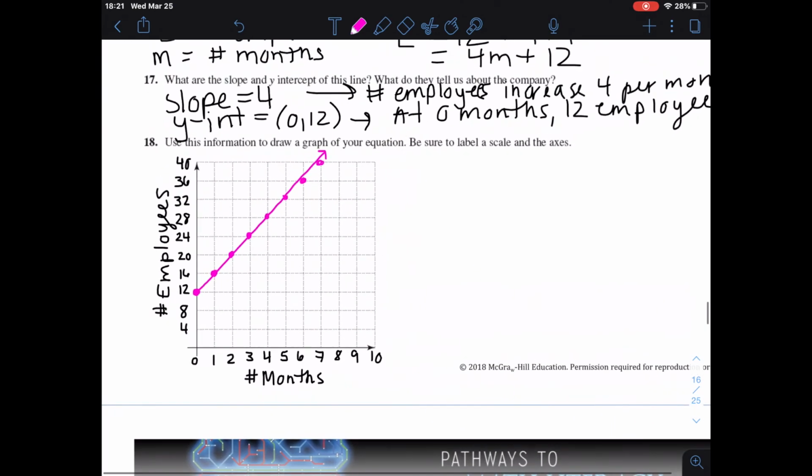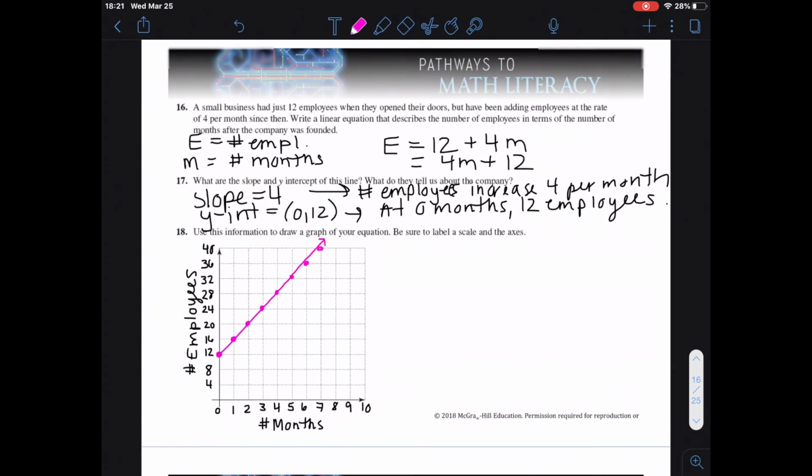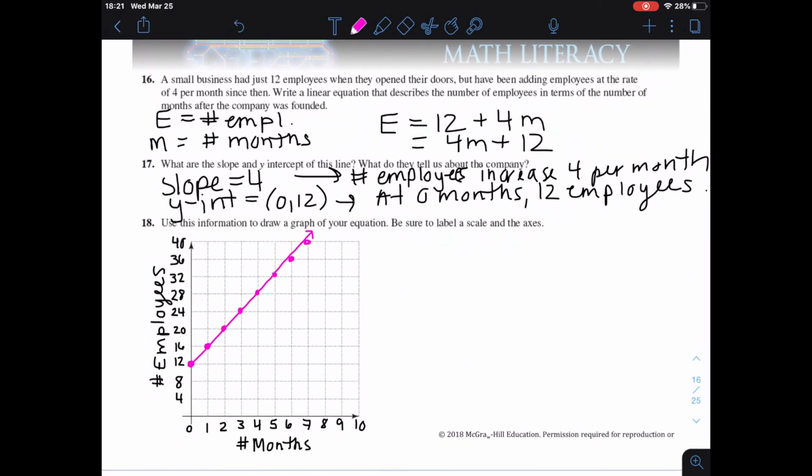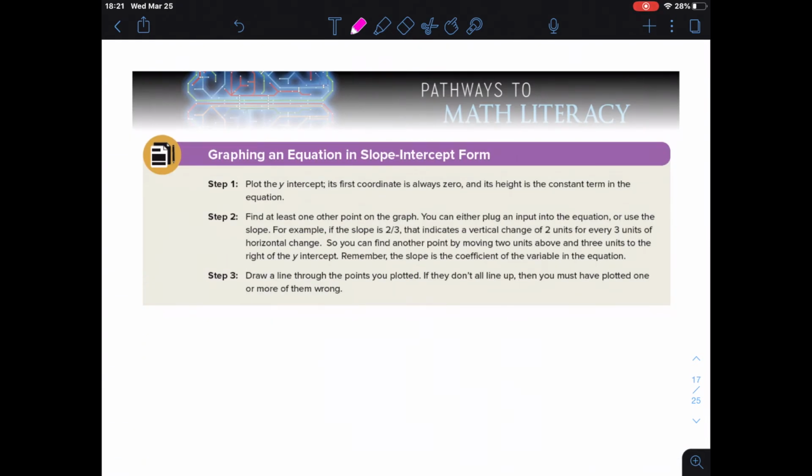Okay. So it makes it much quicker. I don't need to go through the process of making a table first. So this kind of gives you an overview. As soon as you know a line, there's a much more convenient way to graph it. You're going to plot the y-intercept. So your first coordinate's always 0, and then the y value is your initial starting value.